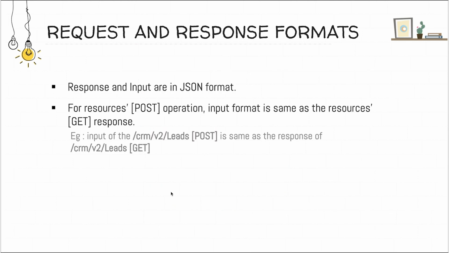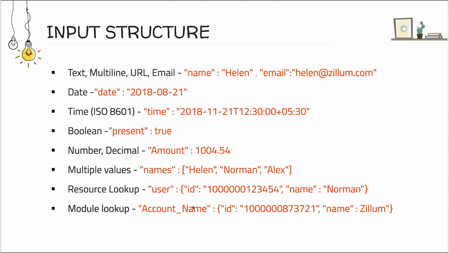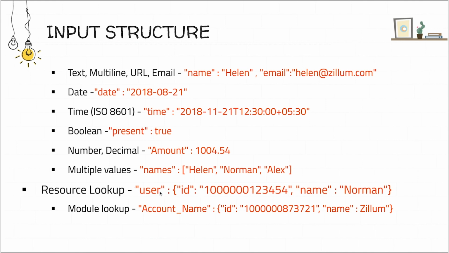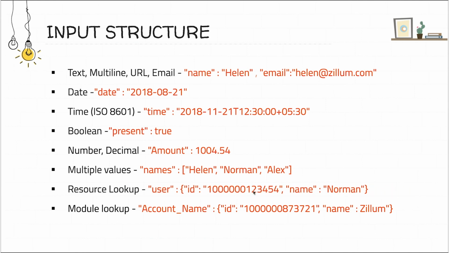Like, since I'm going to get information about a user here, I specify the user field, and then I have to give two pieces of information about the user: the ID of the user and the username. So if it's a lookup, I have to give it within a JSON object. And for a module lookup, it's the same. You give the module name, and then you give the ID and the name of the module.